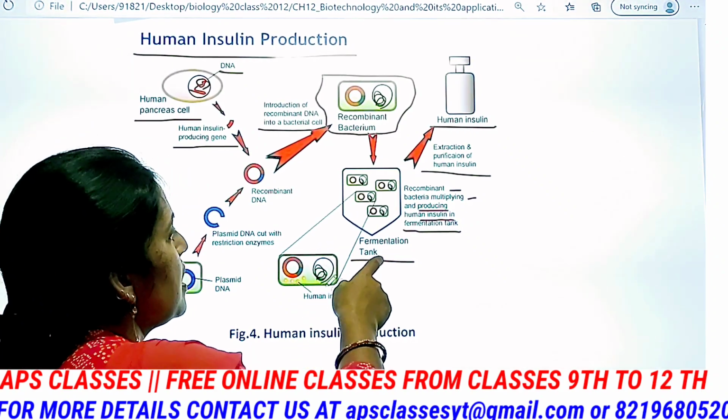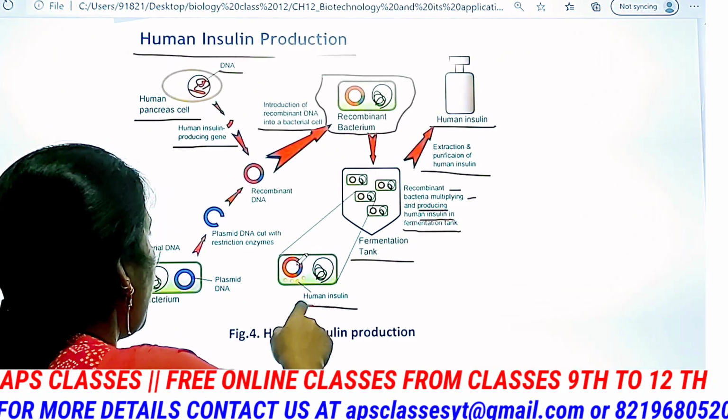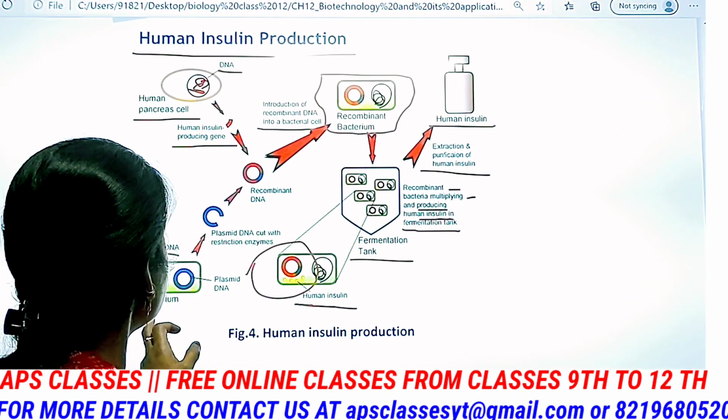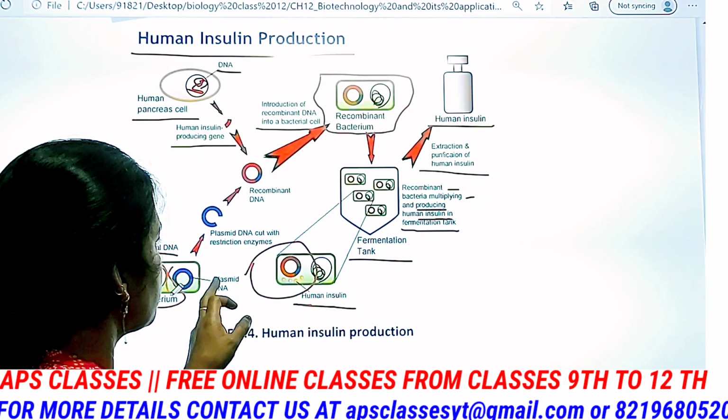And after this fermentation tank, this is the formation of the human insulin, and this is the bacterial DNA present in the bacterium, and beside the bacterial DNA this is the plasmid DNA.